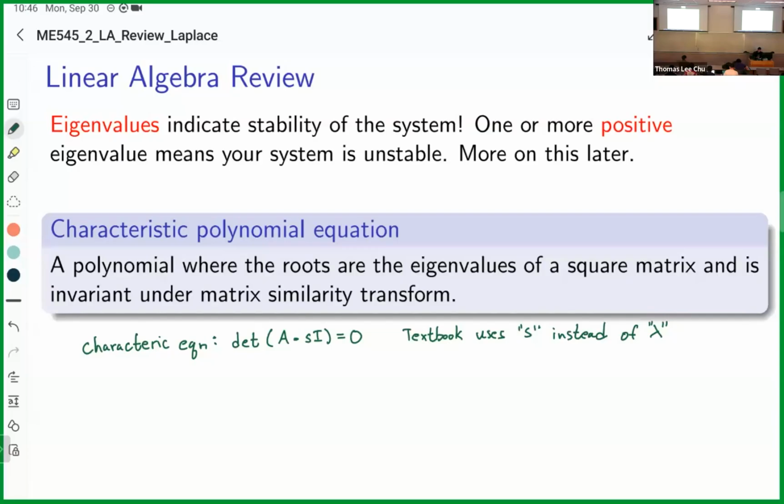So I'll write down here: invariant means eigenvalues stay the same.